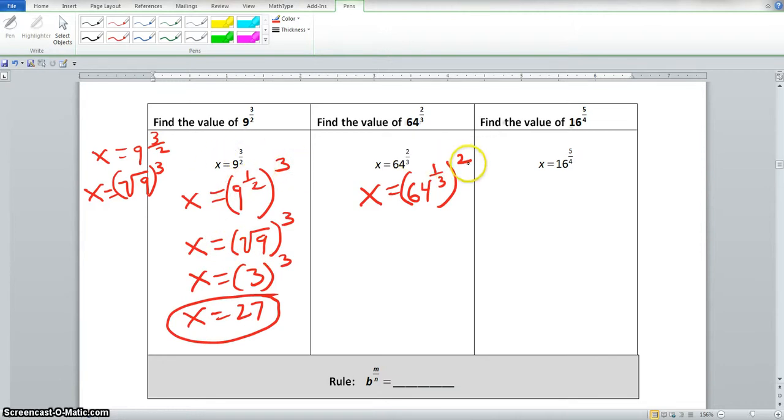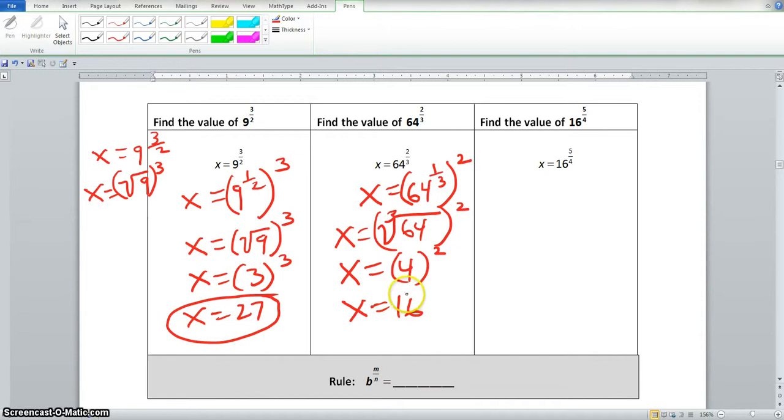We pulled the numerator outside. So this would be x is equal to the cube root of 64 to the 2nd power. The cube root of 64 is 4, and that's taken to the 2nd power. So x is equal to 16.